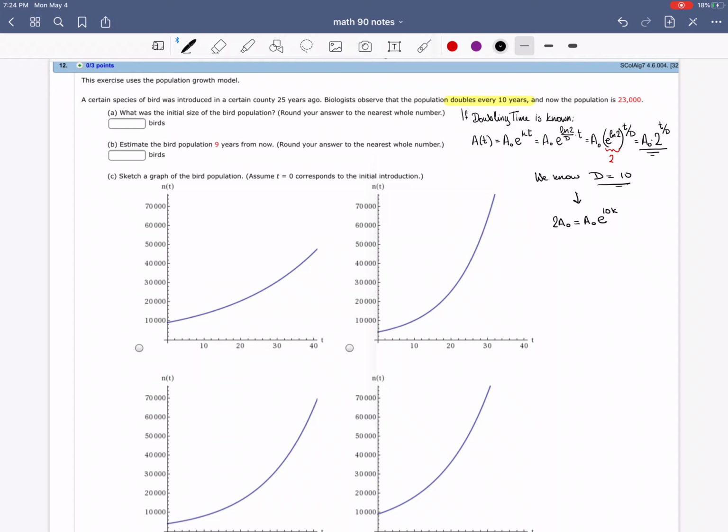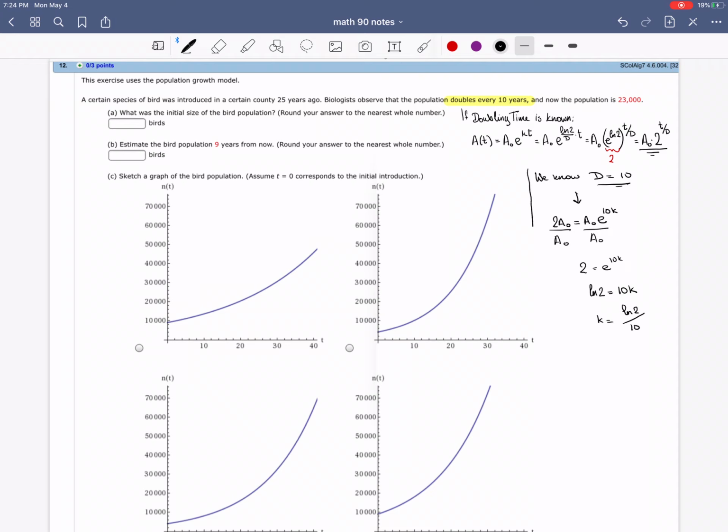So this is where we talked about the fact that you're solving an exponential equation, so you divide both sides by A0. So you have 2 is equal to e to the power 10k. So taking the natural log of both sides. And I'm not going to talk through that whole part because we've done it so many times before. But what you see here is that the rate of growth is the natural log of 2 over 10.